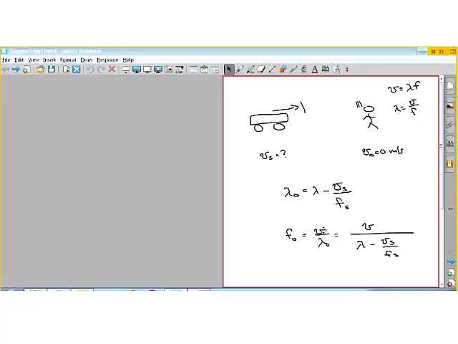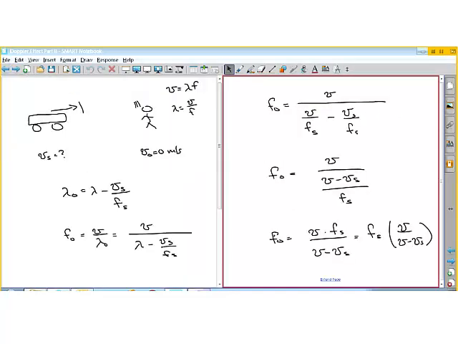So if you solve for the frequency of the observer, the frequency the observer hears is the speed of sound divided by the wavelength the observer hears, and then you plug that in and manipulate it, and you get to this equation. So this is just the math. Here we find a common denominator, combine the two, take the reciprocal, multiply, and factor out the frequency of the source, so it's equal to V divided by V minus V source.